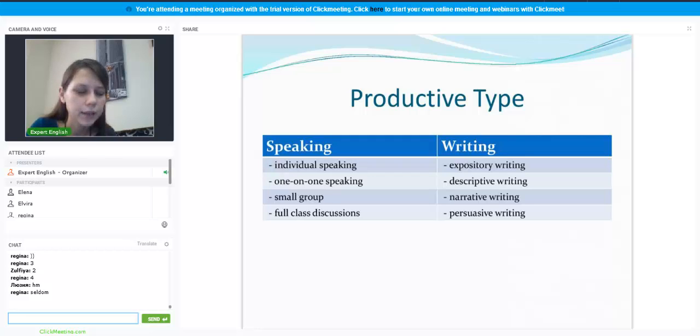So here, I think that writing in its pure way is not very useful for lessons, and we can use only a kind of integrated writing, but not writing in its traditional form and traditional way.